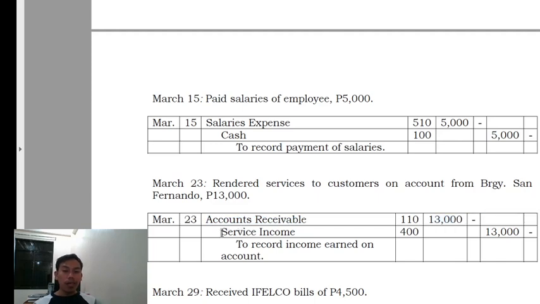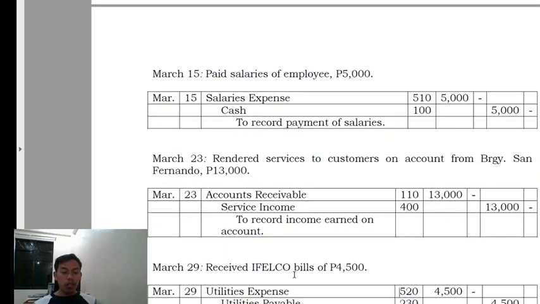Tumaas ang ating income. Increases in income are credit. Therefore, credit to service income amounting to 13,000. And we are recording income earned on account. Kumita tayo, pero kinita natin on account. Inutang kasi ng customer. Specify natin kung in cash or on account.